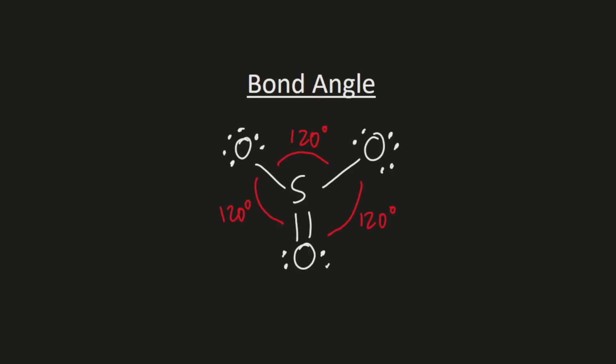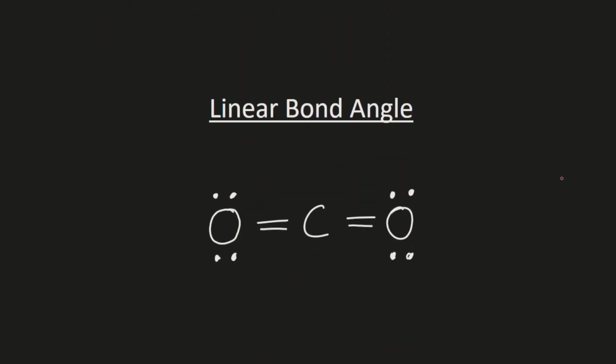Okay, moving on. Bond angles are the angles between bonds. And there are only three angles that you need to know for Chemistry SL: 180 degrees, 120 degrees, and 109.5 degrees. A molecule with linear molecular geometry always has a bond angle of 180 degrees because it forms a line on a Lewis structure.